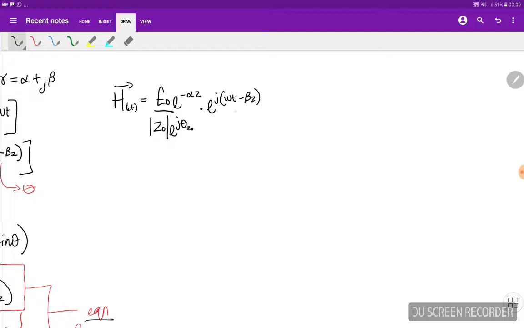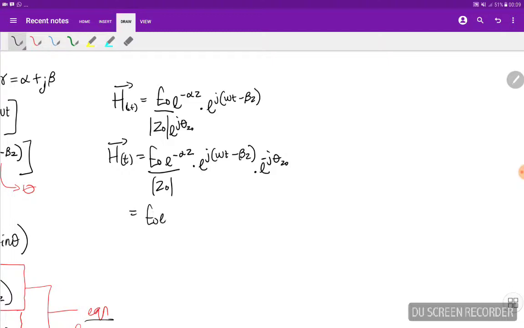Now I can put this e^j up, and H(t) is going to be E naught e raised to the power minus alpha z over just the magnitude of z naught, times e^j(wt minus bz), then times e^(minus j theta z naught), and that is equal to e raised to the power minus alpha z over magnitude of z naught, times e^j(wt minus bz minus theta z naught).